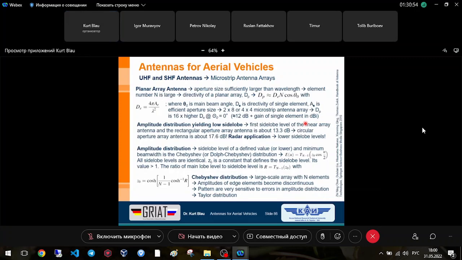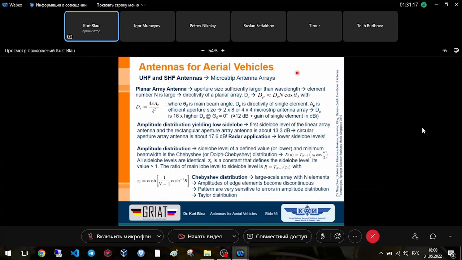Here we have a short summary. For the planar array antenna, the aperture size is sufficiently larger than the wavelength. This is clear because we want to have a higher gain and a better directivity.